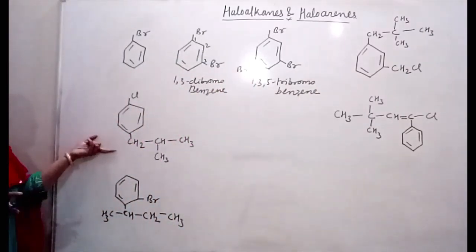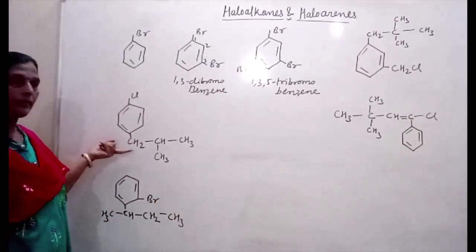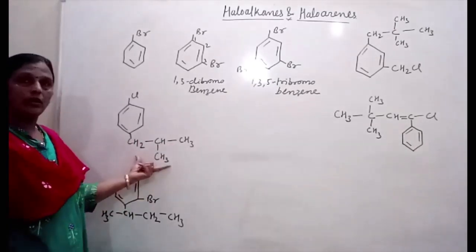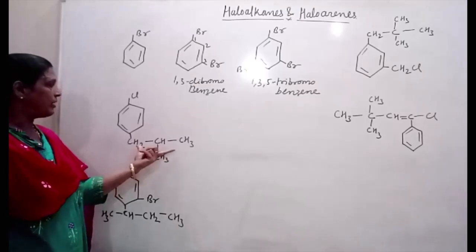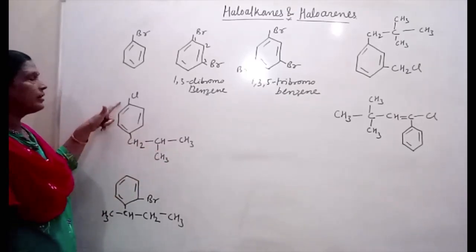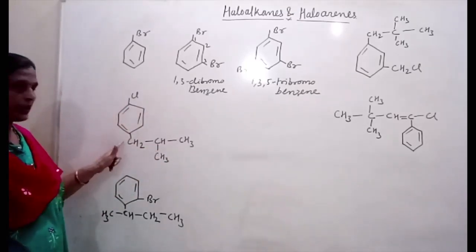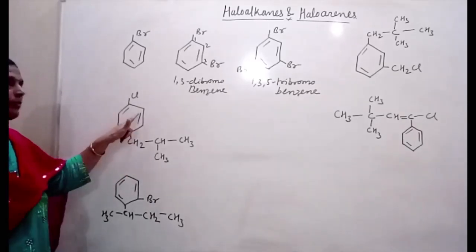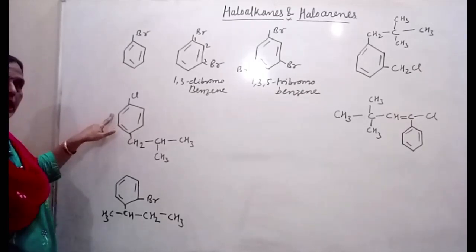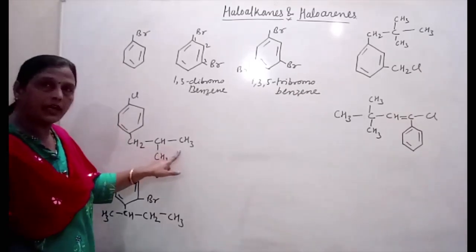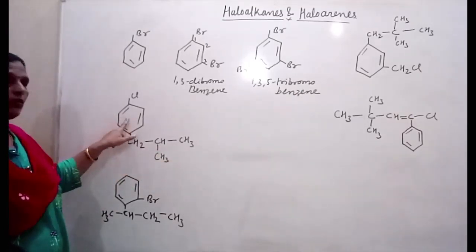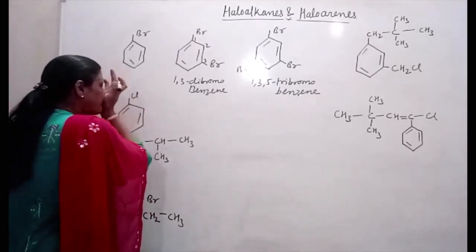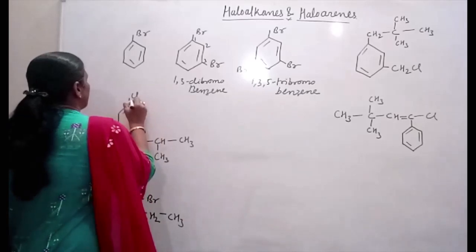First of all, you see the compound here: 1, 2, 3 carbon atoms in this aliphatic side chain, and the aromatic ring is attached to this carbon atom. We give preference to the aromatic ring because here there are 6 carbon atoms and here 3 carbon atoms.